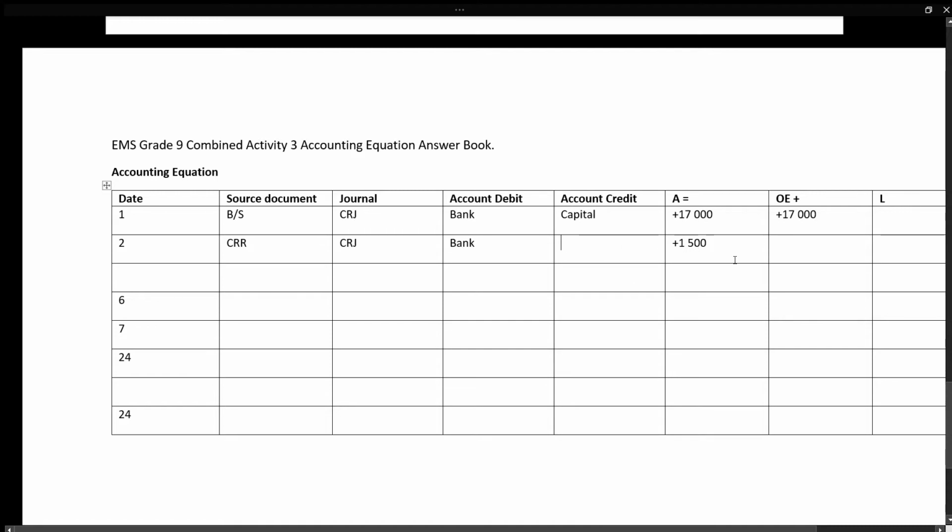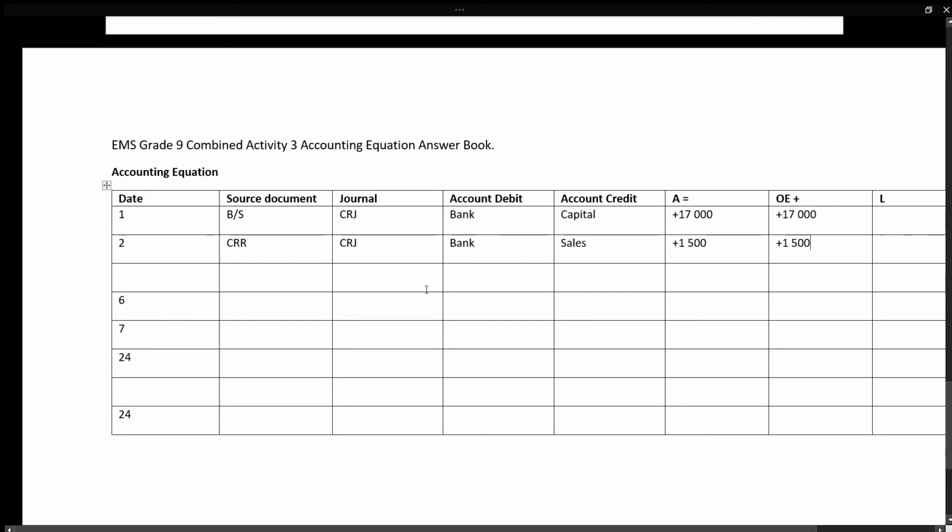Then why is bank increasing? Because I had sales. Sales is classified as an income, and income increases in the credit side, and income will always have a positive influence on my owner's equity. We did not work with liabilities, therefore 1,500 equals 1,500 plus 0.